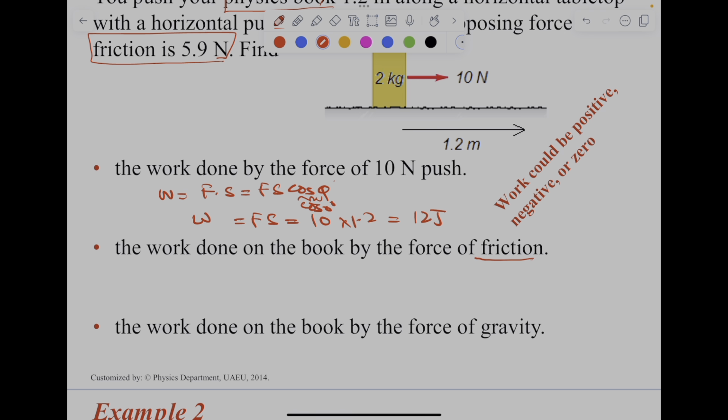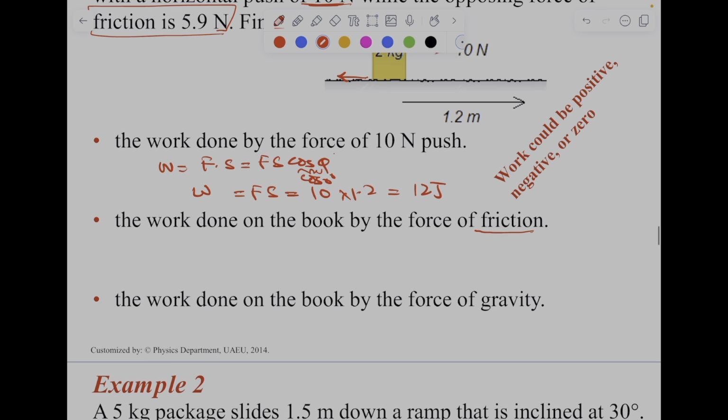Okay, so the next question is, what is the work done by the friction force? The friction is the opposite force. Friction is always opposite to the motion. So the work done by the friction force is Fk S cosine of phi.